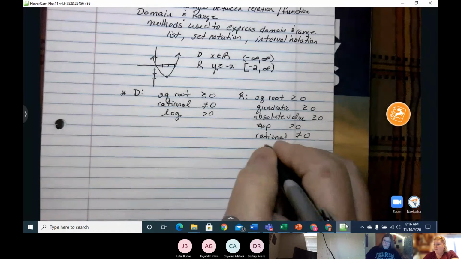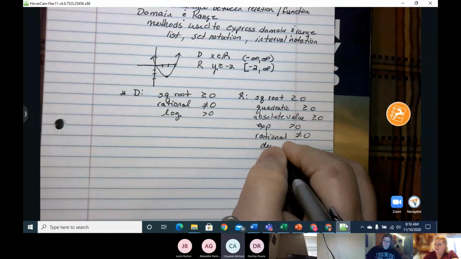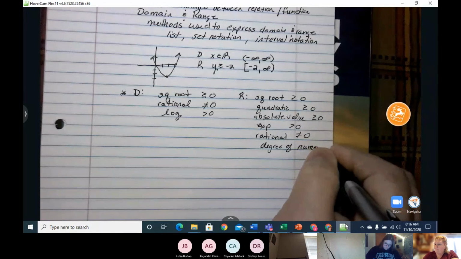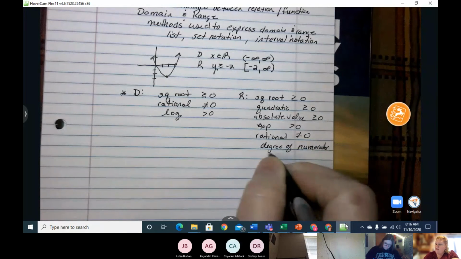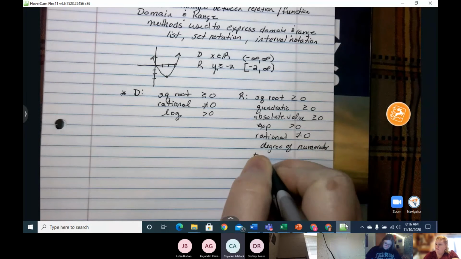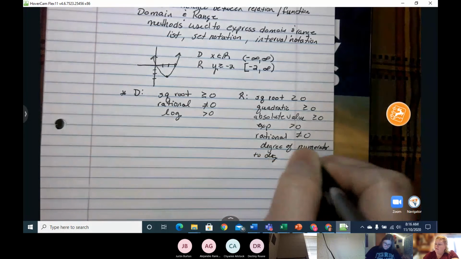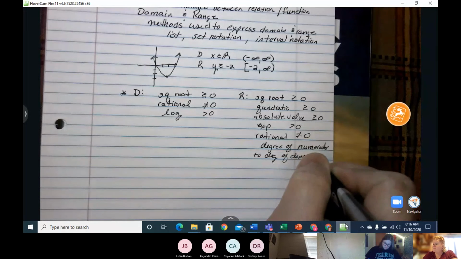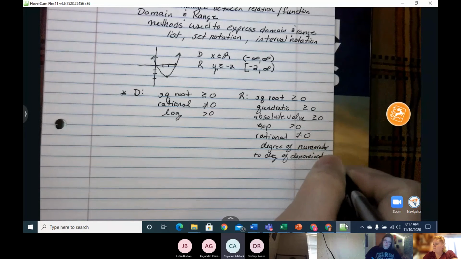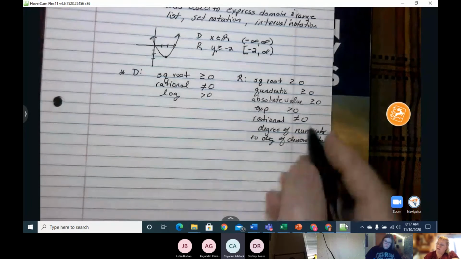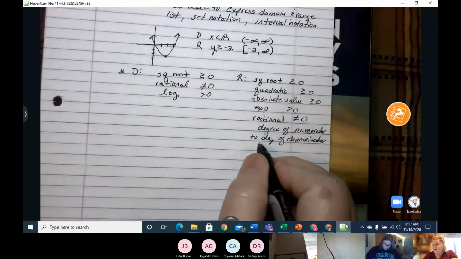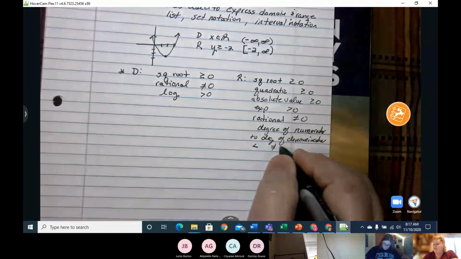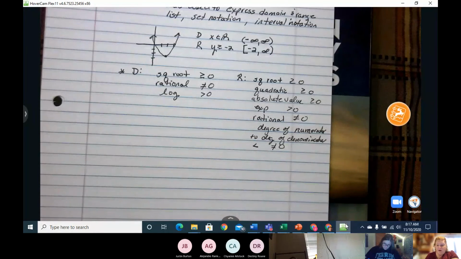This is when you look at the degree of the numerator and you compare it to the degree of the denominator. If the degree on top is less than, then it's not equal to 0.